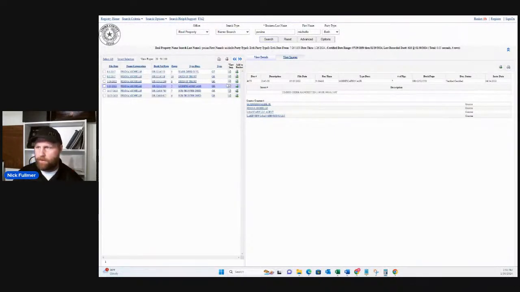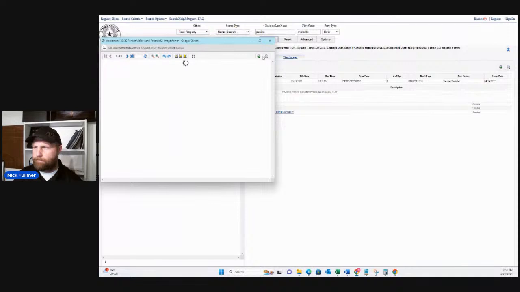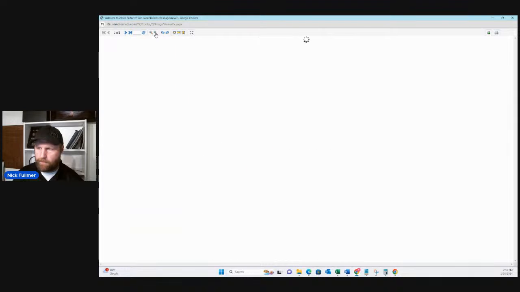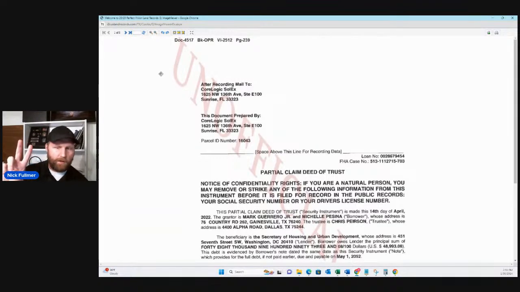If we keep going, we've got a deed of trust. Now, what is a deed of trust? Guys, when you buy real estate, and if you're using financing, there are 2 documents. There are ownership documents, where a warranty deed would be an example of an ownership document.